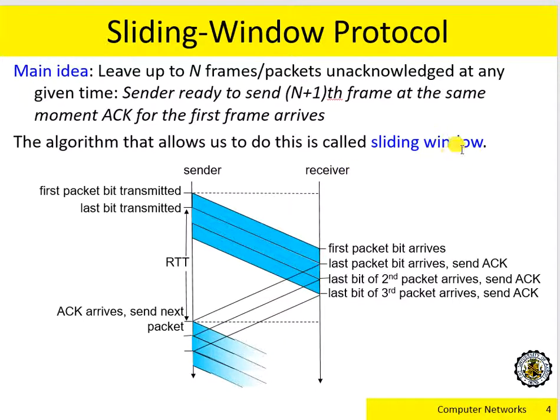If your sliding window is 3, you're allowed to send 3 frames before receiving the first ACK. So here you can see, I send the first packet, the second packet, the third packet, and then when I receive the ACK associated with the first packet, I have already sent the fourth one. Okay?